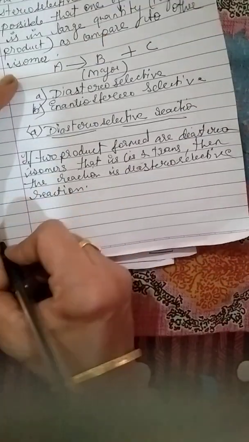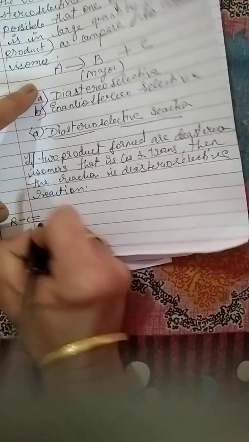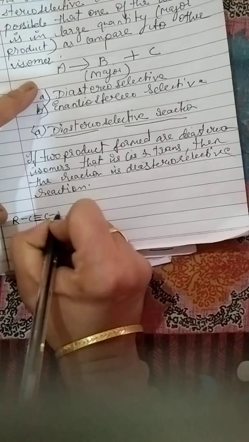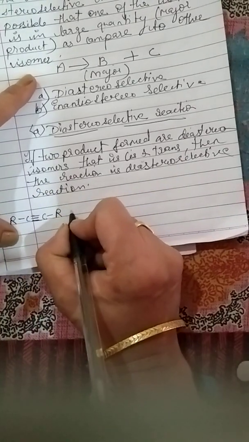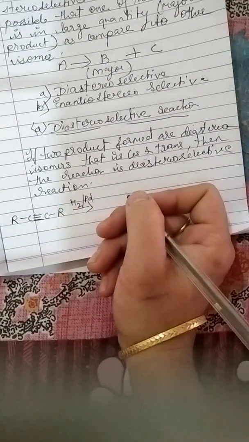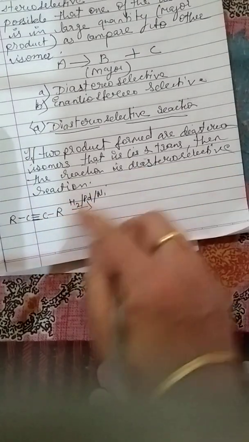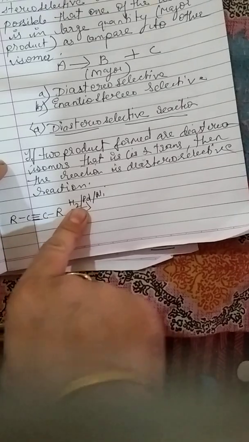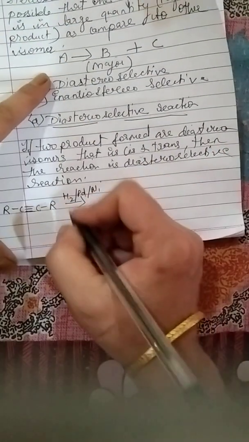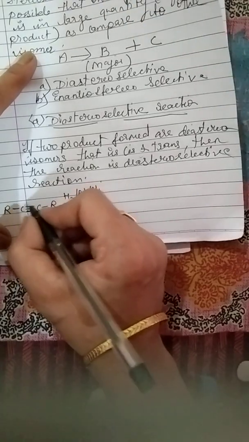Now the reaction we'll take is R-C triple bond C-R. This on reaction with H2 in presence of palladium and nickel. It is hydrogenation. We'll break the bond and add 2 hydrogens to these carbon atoms.